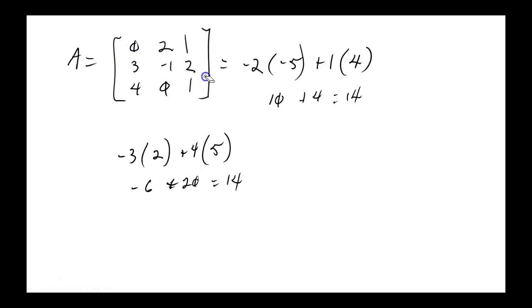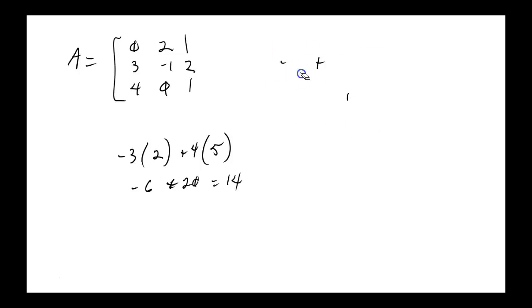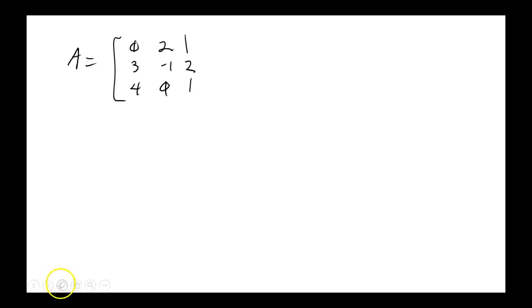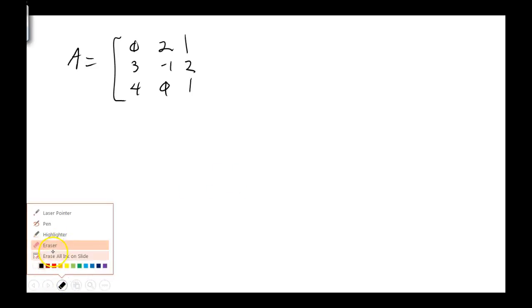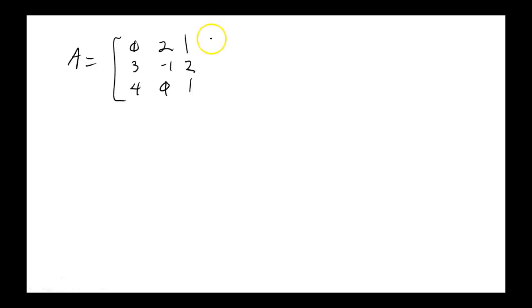Any 3 by 3, you can also do this. This may actually be a little harder on this one because that was so easy, but this will work on any one. What I'm going to do is repeat the first two columns: 0, 3, 4, and 2, 1, 0.